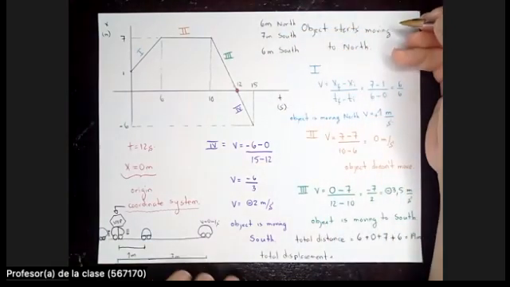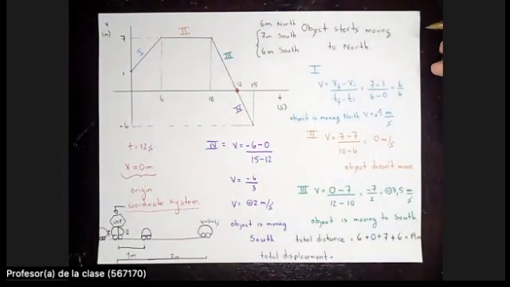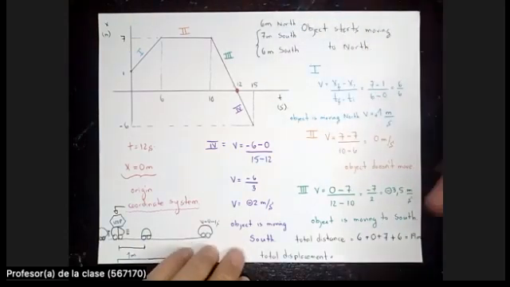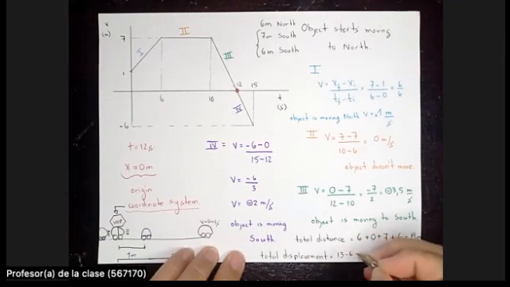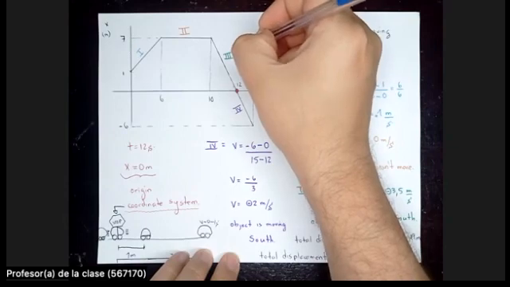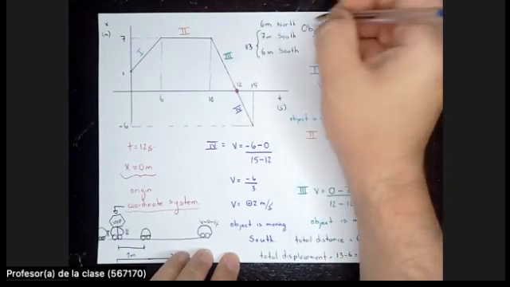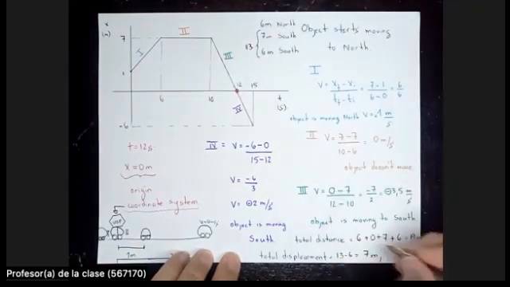So we have to do first an addition between these two numbers because they have the same direction. That's going to be 13 meters to the south, and then do a subtraction between 13 and 6. So 13 minus 6 is going to be 7 meters. We have 13 meters to south and 6 meters to north, so the resultant is going to be 7 meters to south.